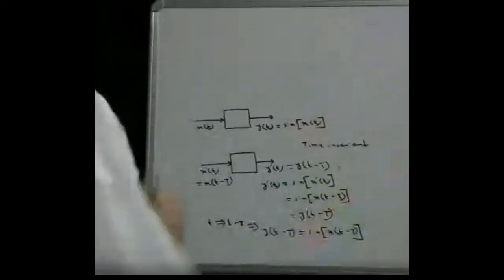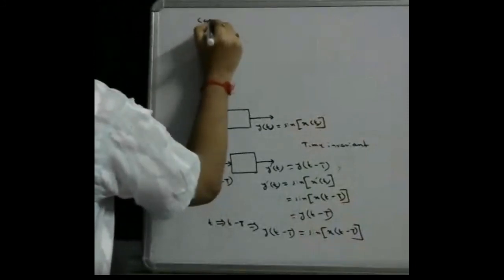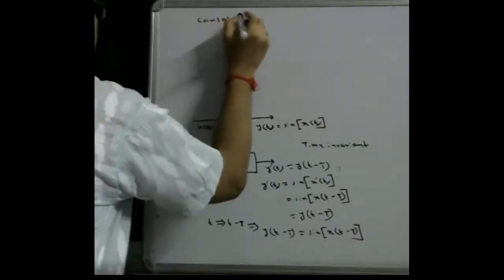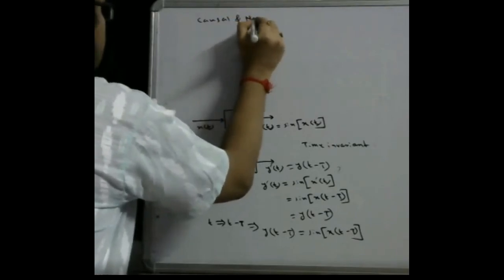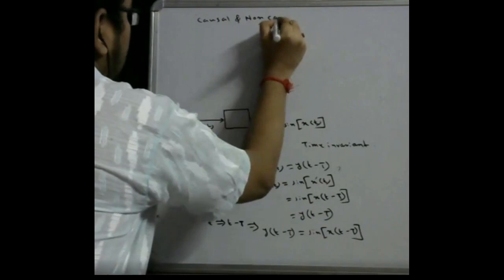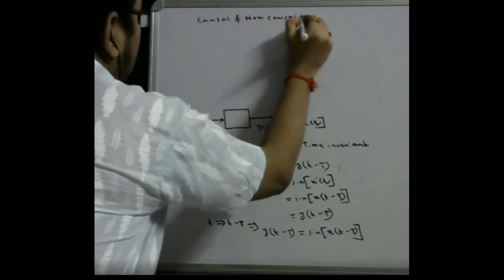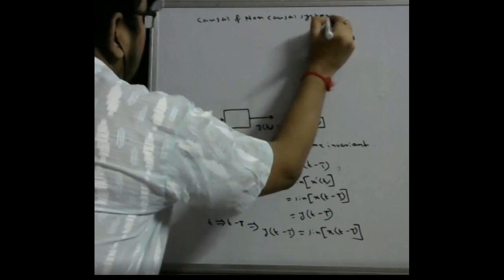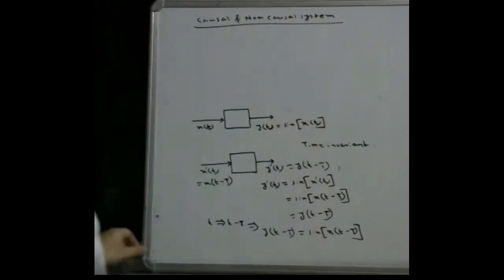Now, the last system is our causal system, causal and non-causal. So what is it?